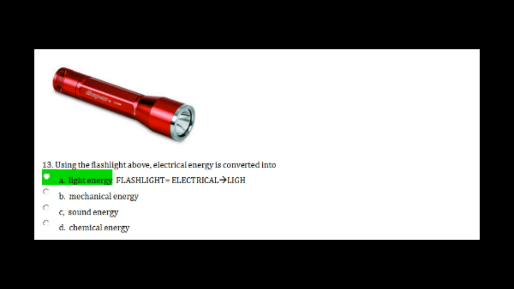Electrical to light. We could also say it would have heat, and some even make a sound. But our best answer here was light energy. But this is what the electrical to light to heat to sound conversion would look like for a flashlight.